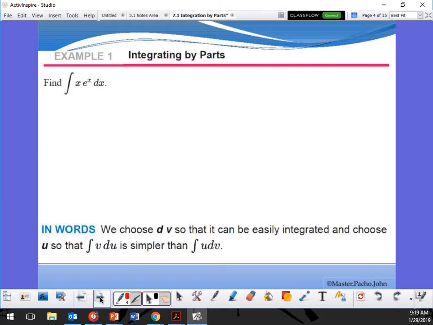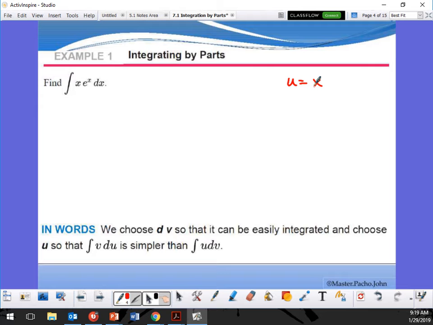All right, so let's label our pieces. I'm going to say that u is equal to x. Okay, u is equal to x.